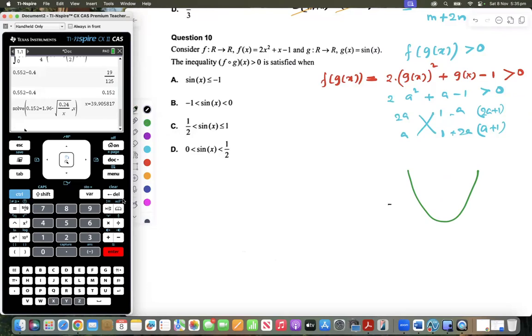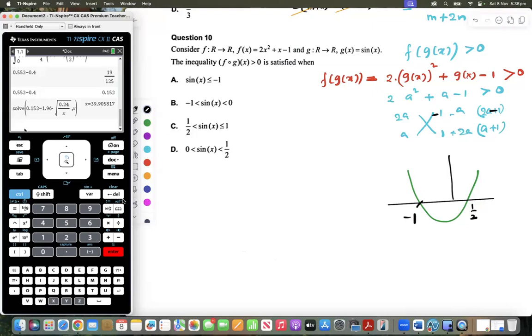So I have two answers. One is negative, right? 2a minus 1 is negative. Therefore, that is the positive half, and this value is negative 1.